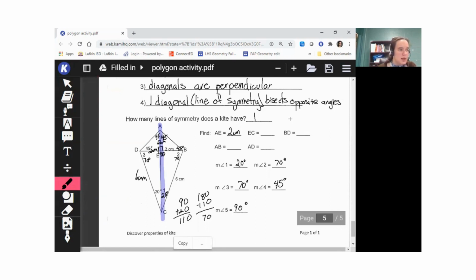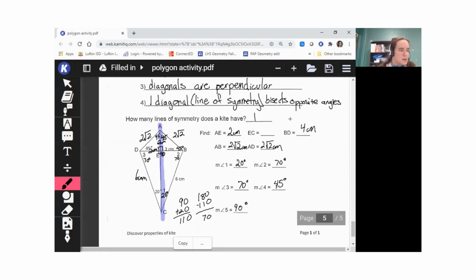And we know that AB is 2 square root of 2 centimeters. And AD is the same. Then we're looking for, let's do BD first. So we have 2 on the one side, 2 on the other, and 2 plus 2 is 4 centimeters.